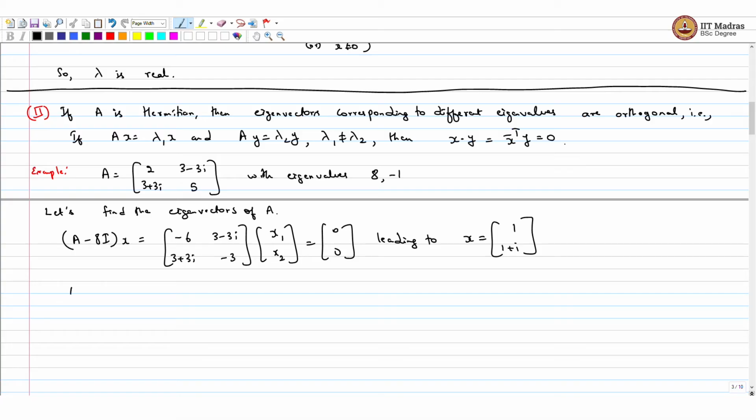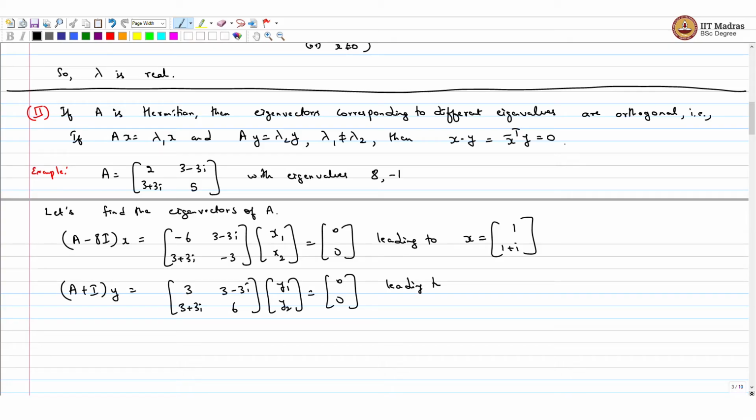Okay. Let's look at the second eigenvector, A plus I into y. Let's call this y. So this would be 3 minus 3i, 3 plus 3i, and 6. This into, say, y1, y2 equals 0, 0.